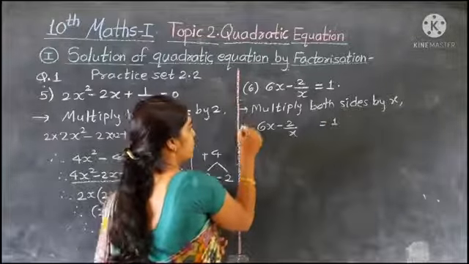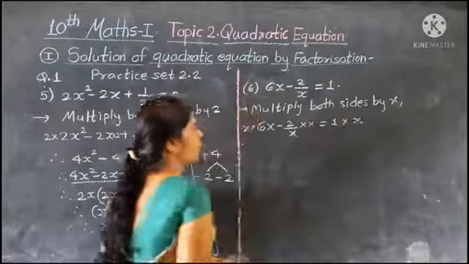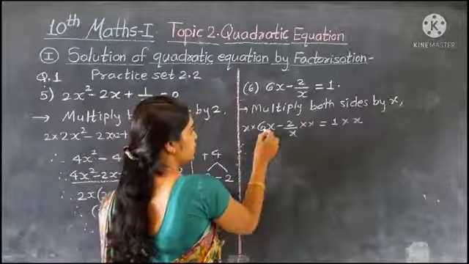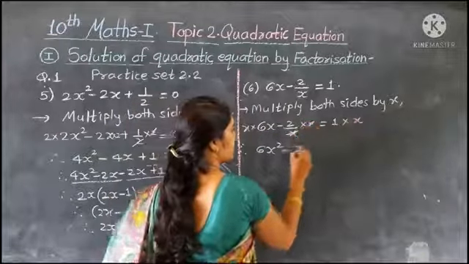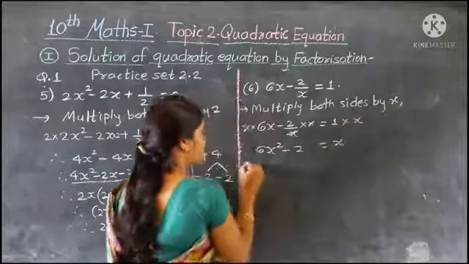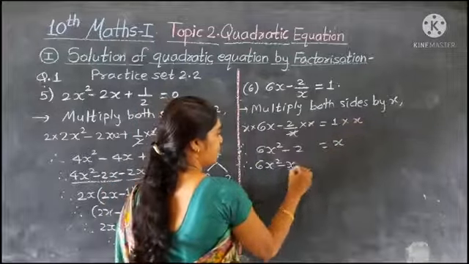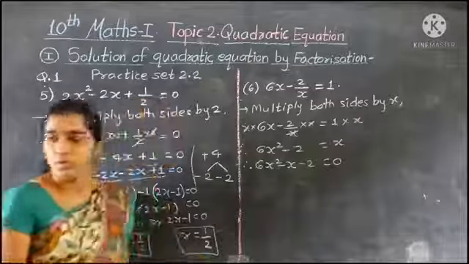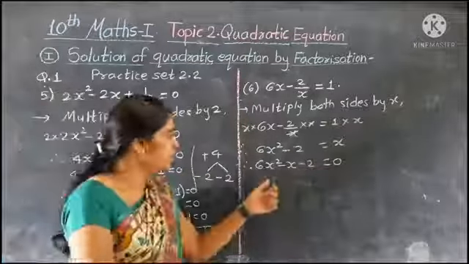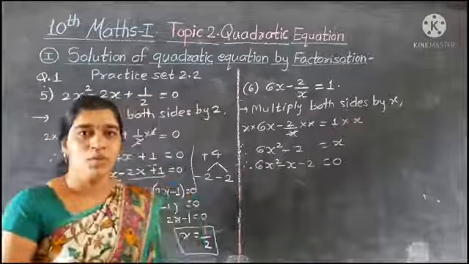You multiply here by x. Okay. So we get 6x into x, 6x square. x gets cancelled. Minus 2 is equal to x. Therefore we get 6x square, take this x as minus 2 is equal to 0. So what happens? See, 6x square minus x minus 2 is equal to 0.